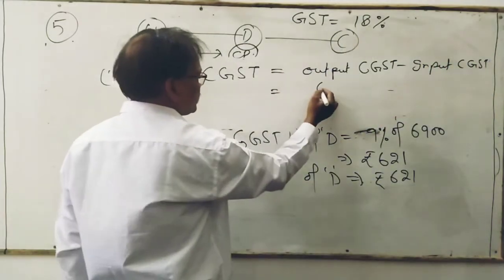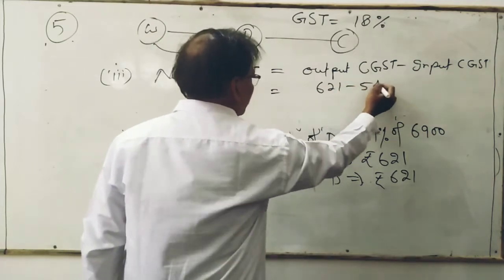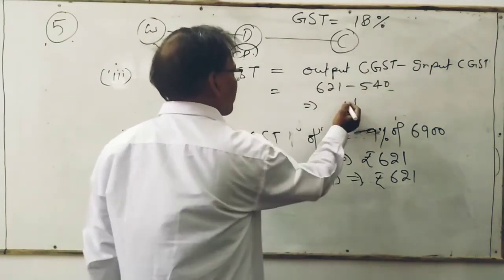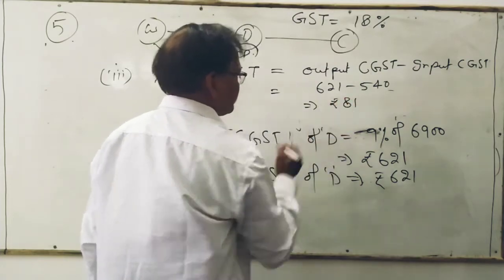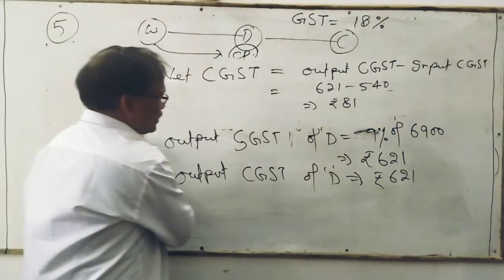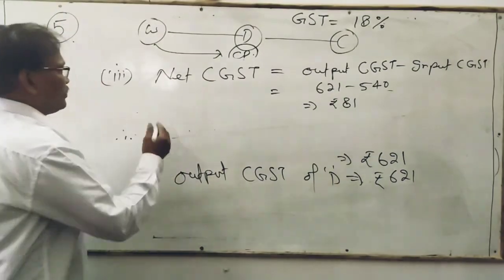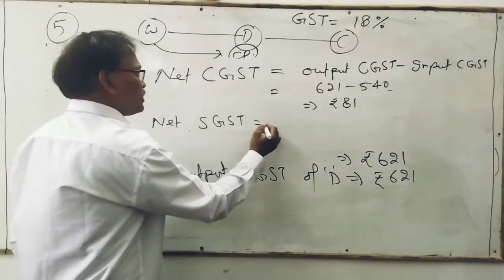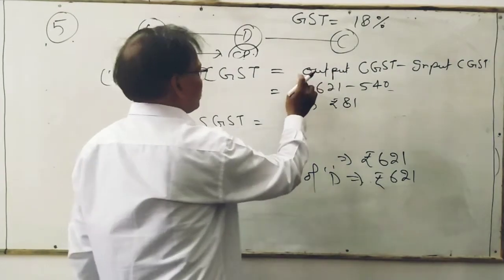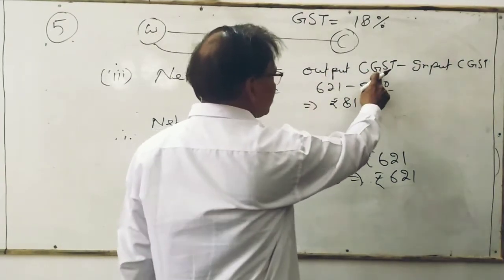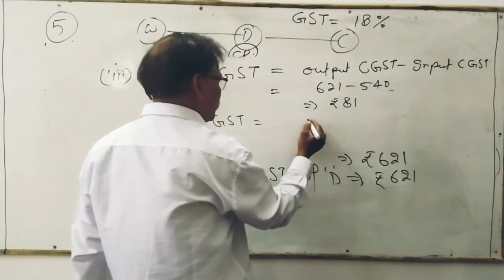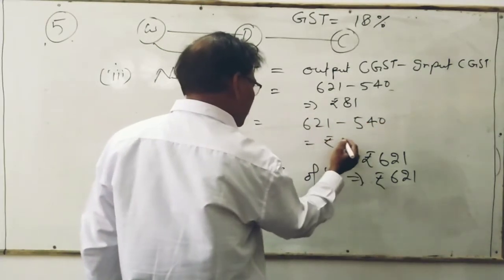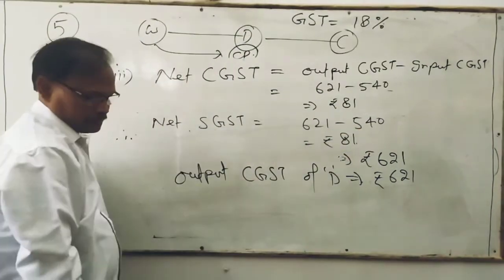So this is 621 minus 540 is equal to 81. Okay. Similarly, the net SGST, again output SGST minus input SGST, जो कि सेम था, तो this is also ₹81.